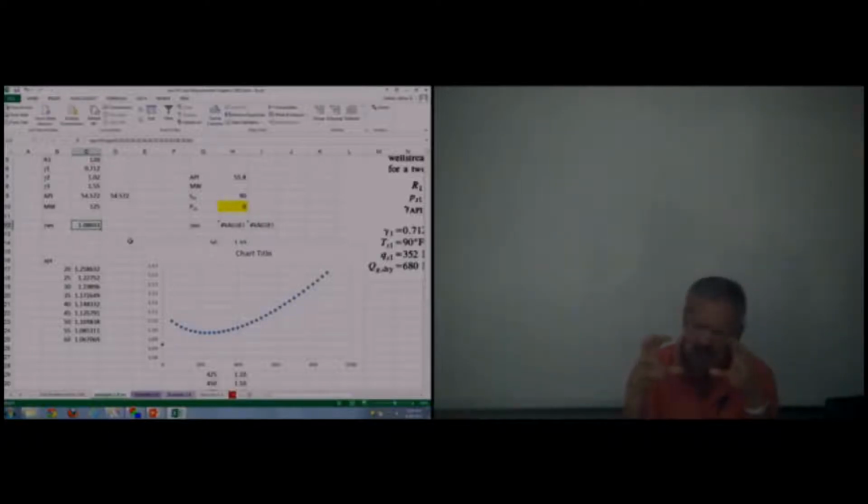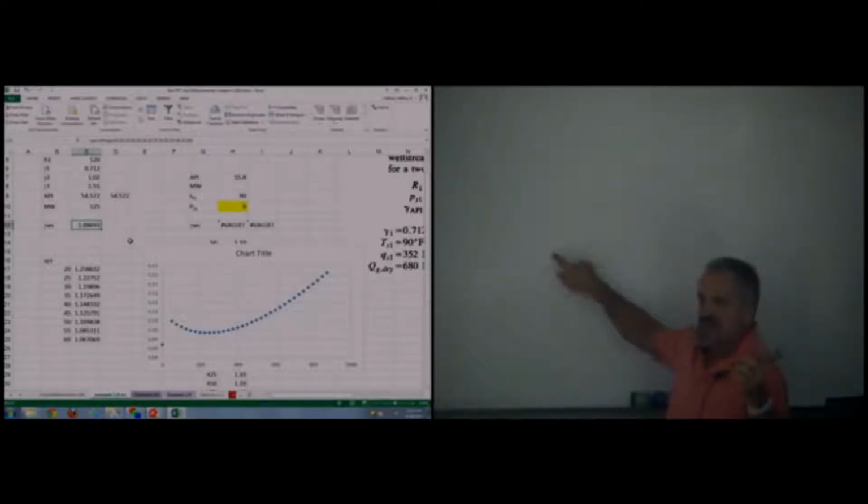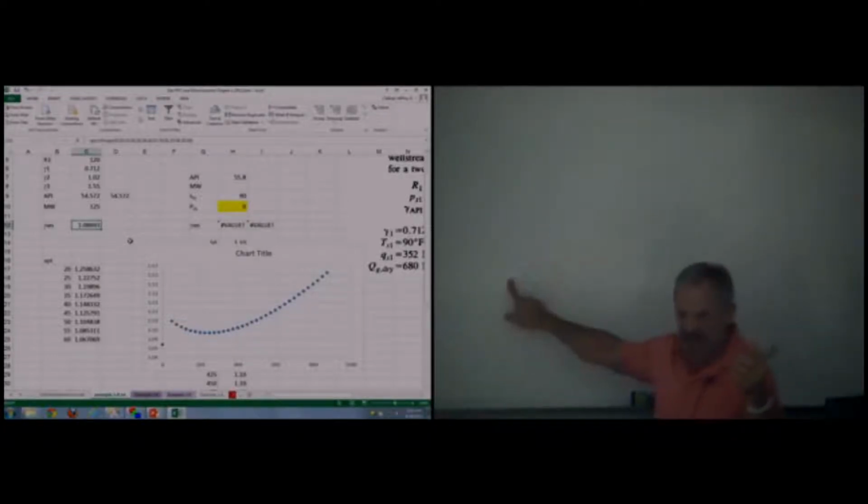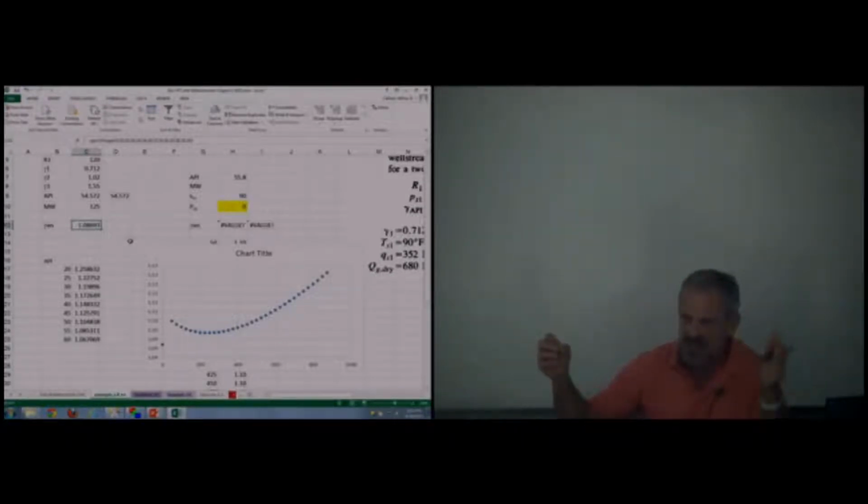There are some correlations built into that. The correlation for the molecular weight of the oil from the API of the oil is based on data and a good fit of the data, but it's not an exact molecular balance.